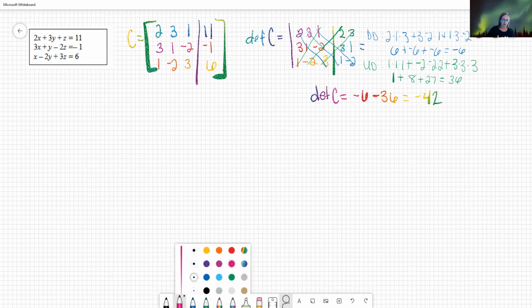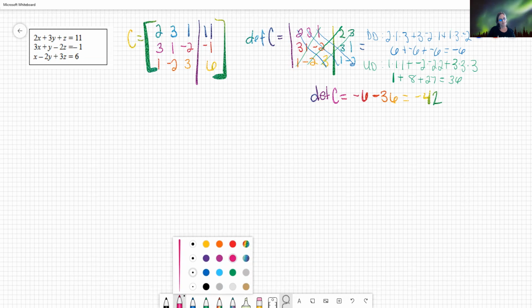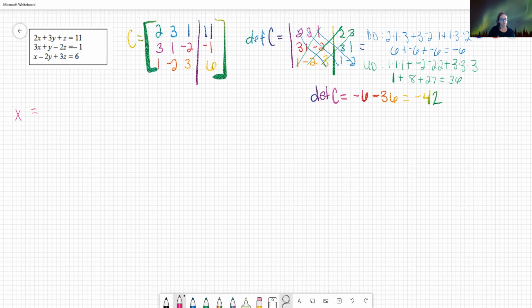Now we are going to go and find X. So first we need to write the matrix so that we can utilize Cramer's rule. So we're going to take our X's and replace them with our answer column. So we're going to put our 11, -1, and 6 in the X column.